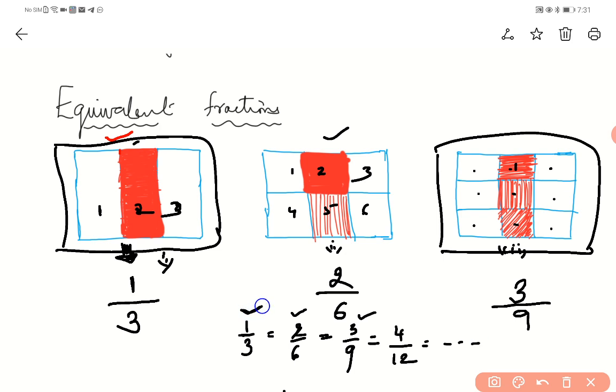So equivalents of 1 by 3 are 2 by 6, 3 by 9, 4 by 12 and so on. Or you can say equivalents of 4 by 12 are 3 by 9, 2 by 6, 1 by 3. Isn't it? So what does this mean? This is called the basic or standard form. Okay, so you cannot cut 1 by 3 further, whereas the others you can cut.